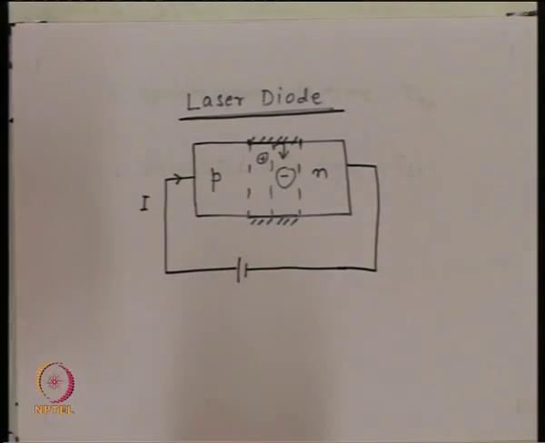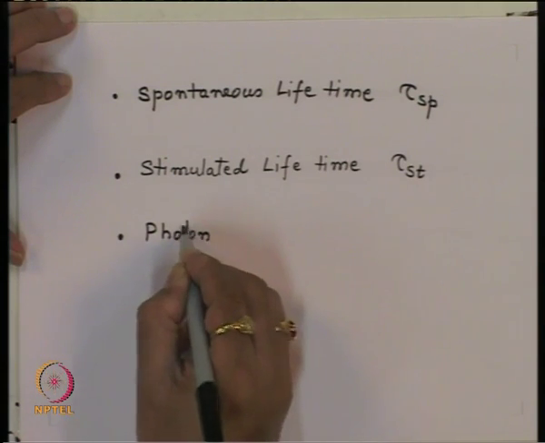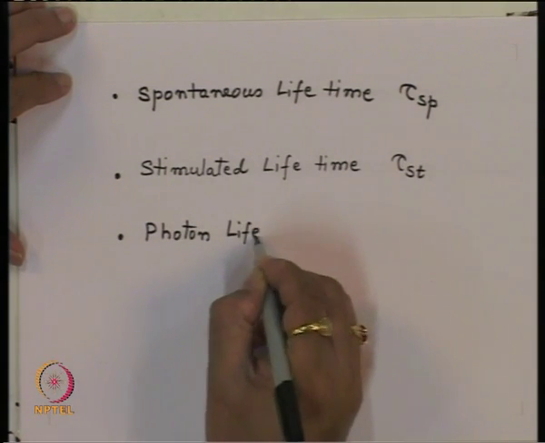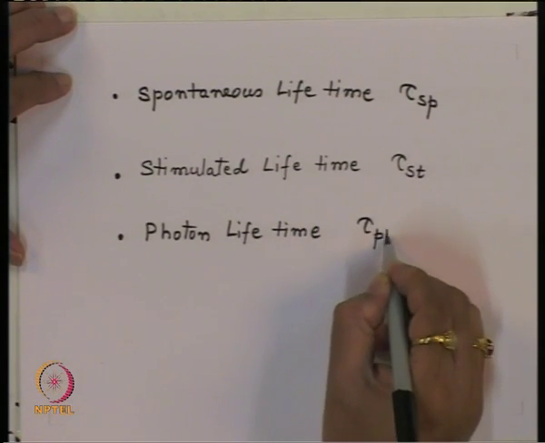So, ultimately the upper limit on the frequency will be decided by how long the photon resides inside this cavity. So, we have then what is called the photon lifetime inside the cavity, which is tau photon.